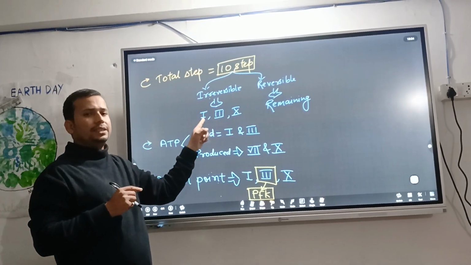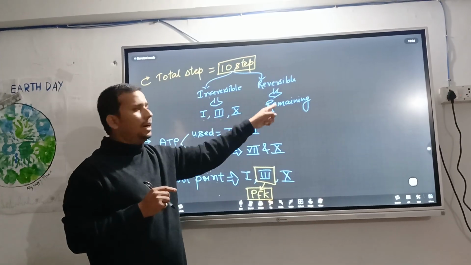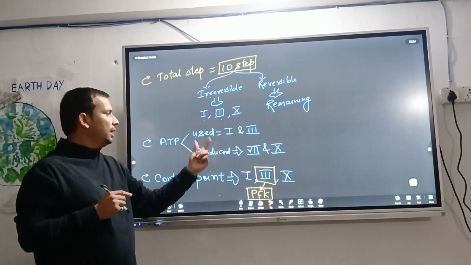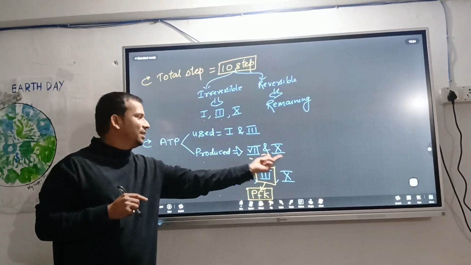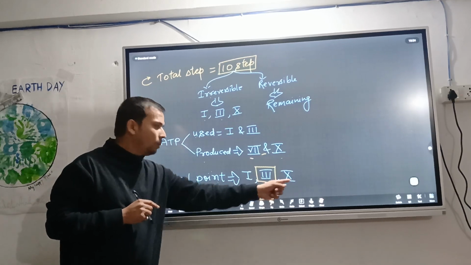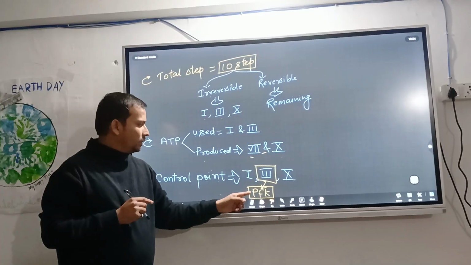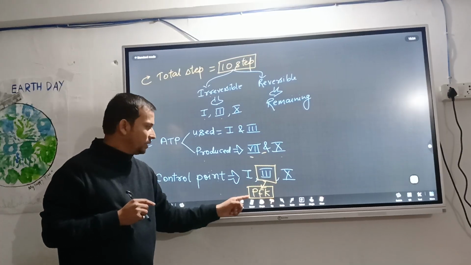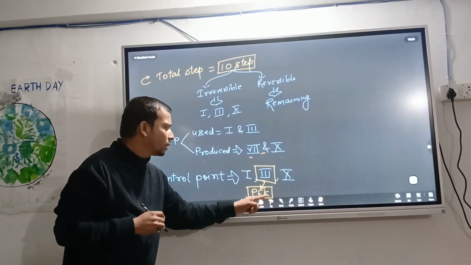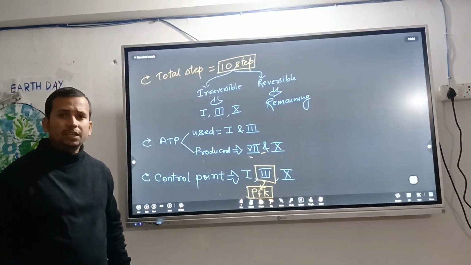Irreversible, how many? 3: first, third, and 10th step, and the remaining are reversible. ATP is used in first and third, and produced in 7th and 10th. Control points are 1, 3, 10. Out of these, the more important is the third step, catalyzed by phosphofructokinase, an allosteric enzyme.